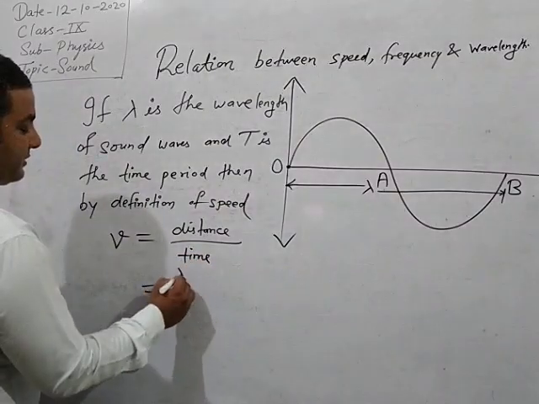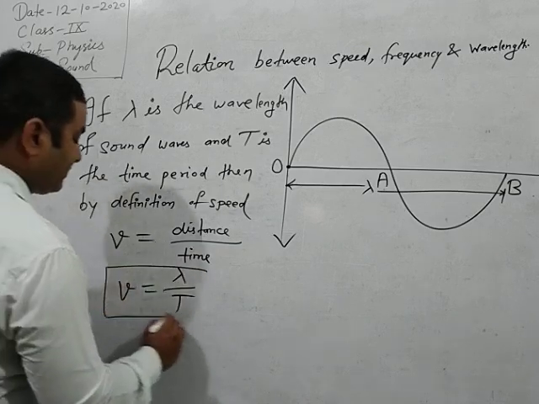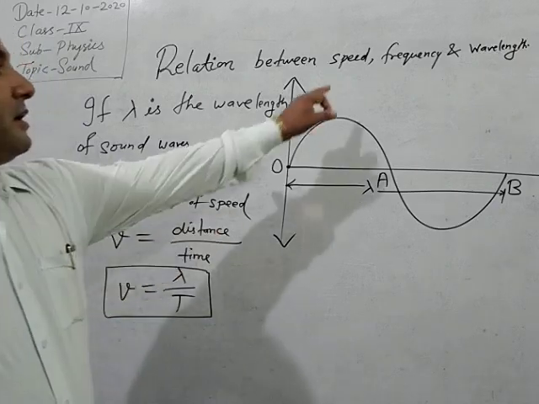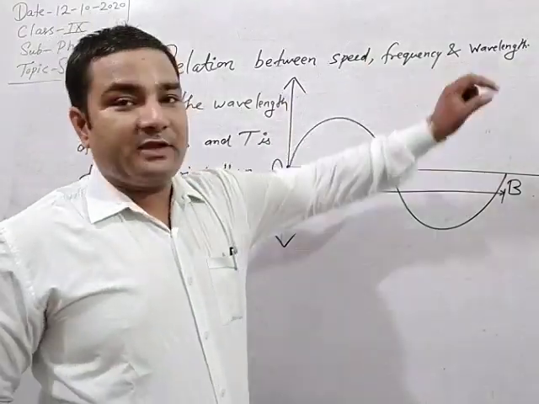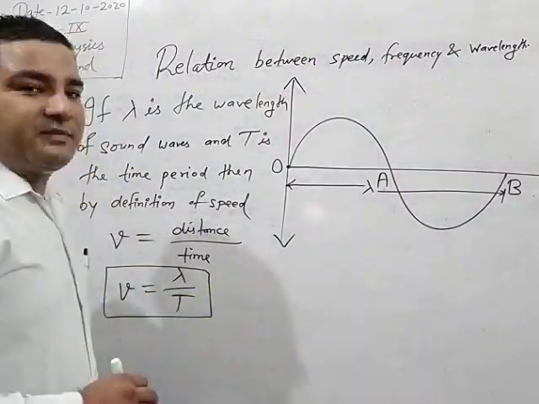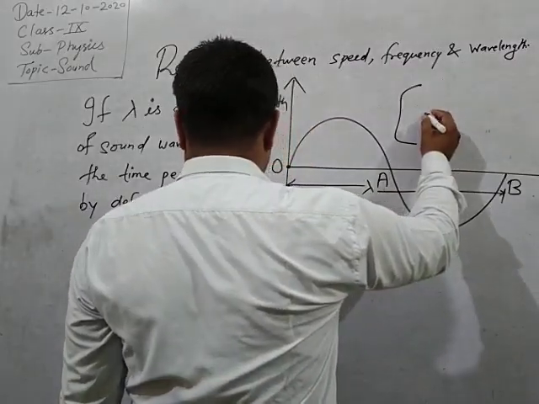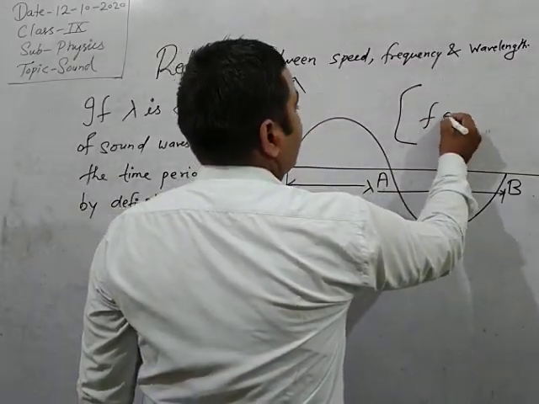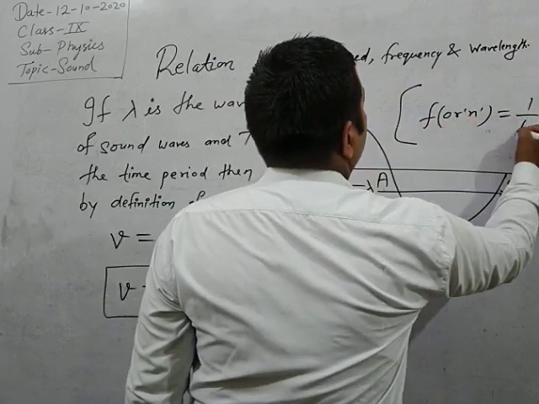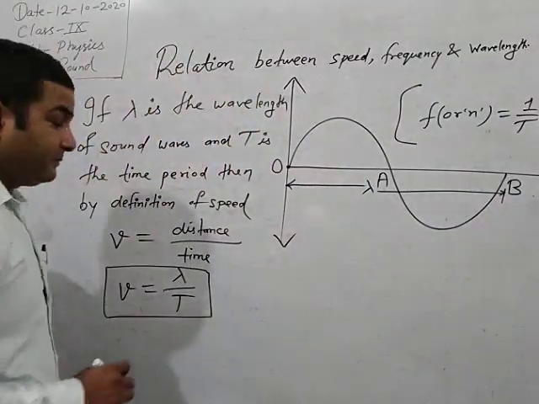So distance here is lambda, and time here is T. So v is equal to lambda upon T. But we have to derive the relation between speed, frequency and wavelength. So here we should replace time period by frequency. Frequency n is equal to 1 upon T. You can use any one symbol, either small n or small f.